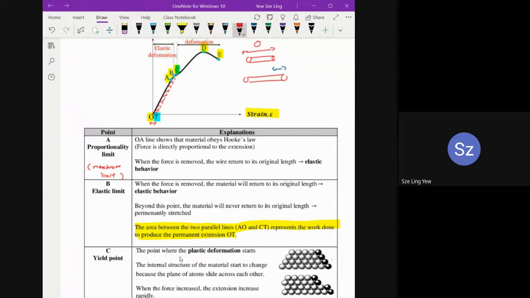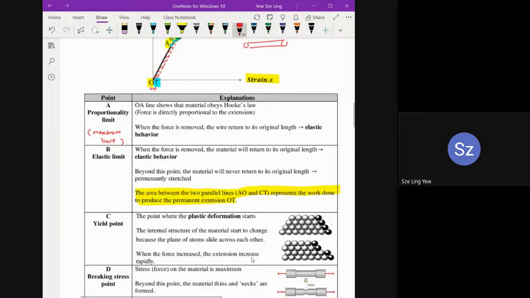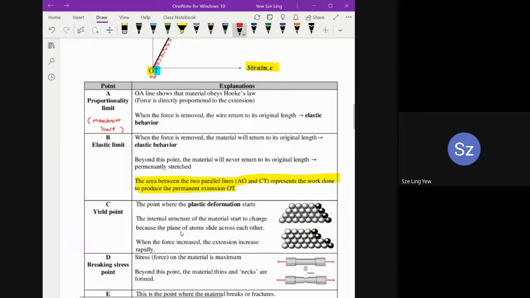This is the point where plastic deformation starts. The internal structure of the material starts to change because the planes of atoms slide across each other. So what happens in the object is that the atoms have moved. It's unlike point A. At point A, you just stretch the object, and the atoms inside just become slightly further away from each other.